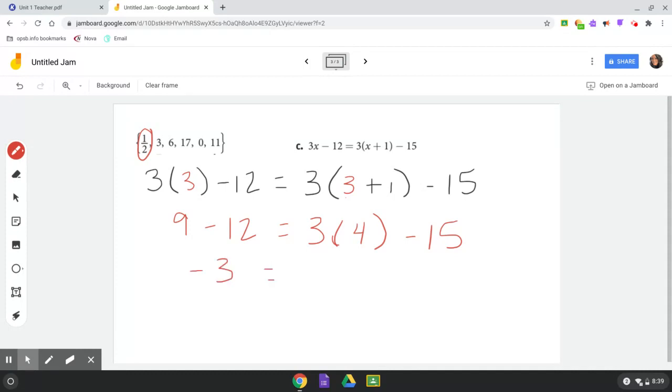And 3 times 4 is 12 minus 15. Negative 3 equals 12 minus 15 ends up giving you negative 3. So I've got negative 3 equals negative 3, which is a true statement. So 3 makes that equation true.